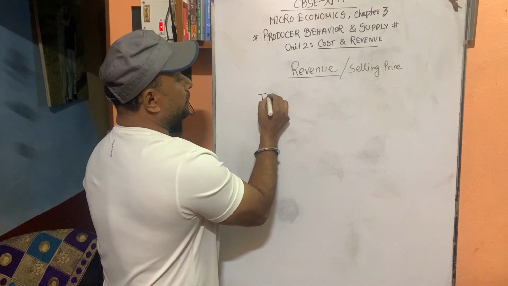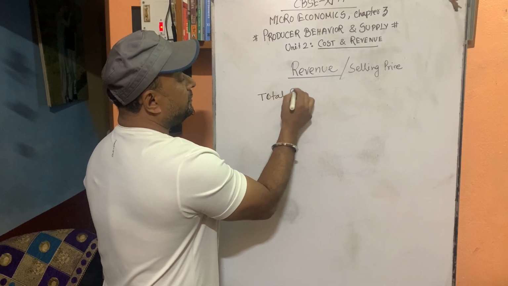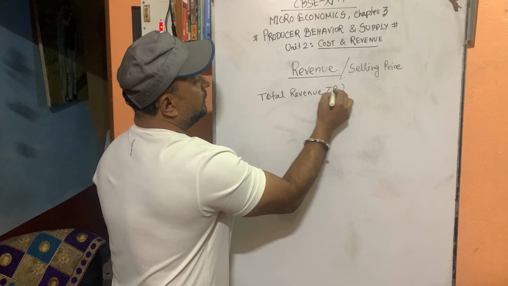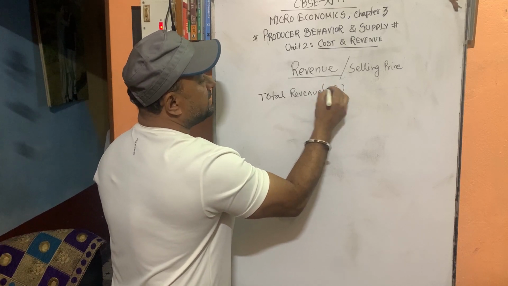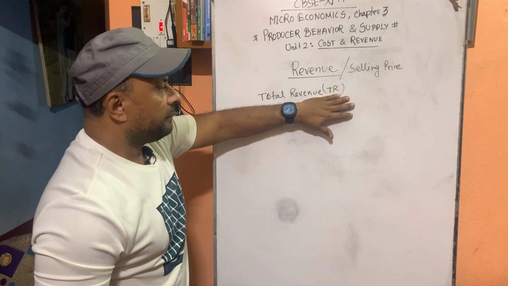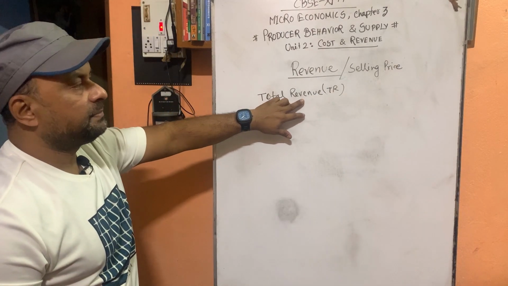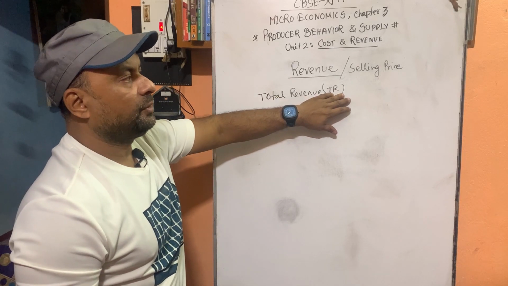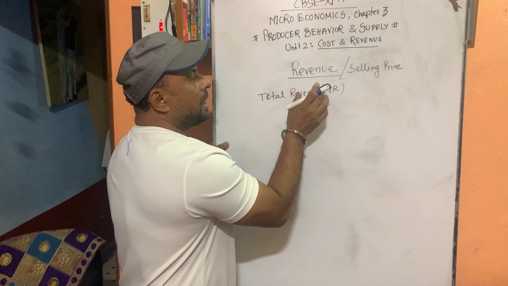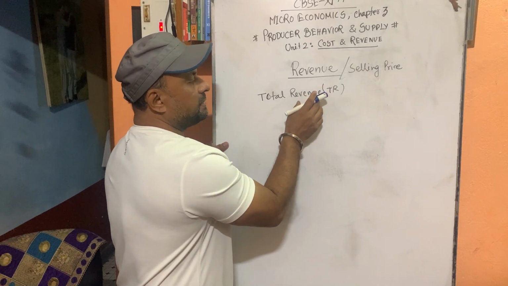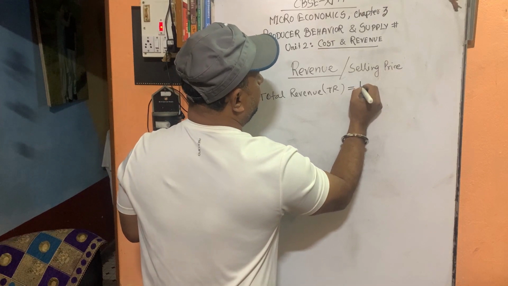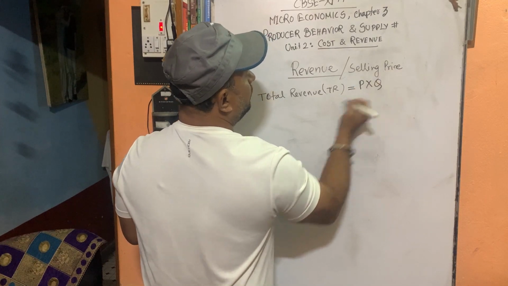So selling price is nothing but revenue. So total revenue, TR. Total revenue is what? By selling all the product, how much money is received by the producer, this is total revenue. By selling all the product of a good, how much he receives in return, this is our total revenue. So total revenue we can write as price into quantity.